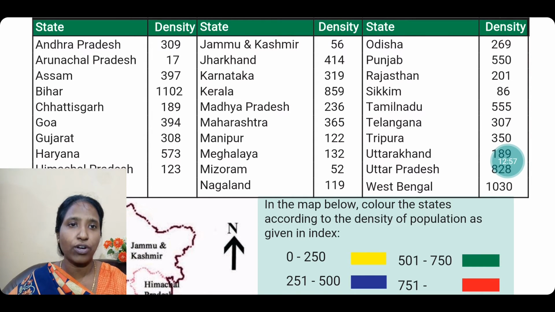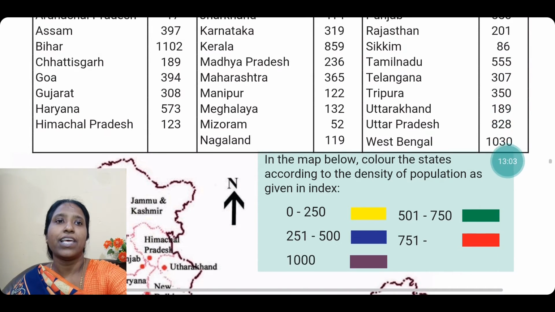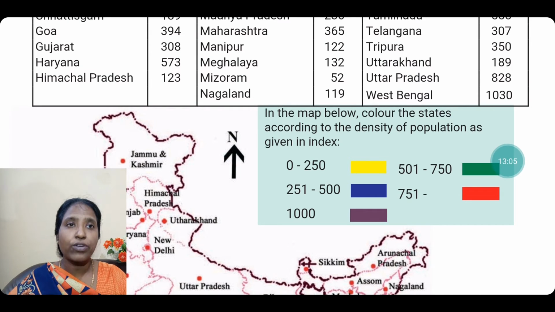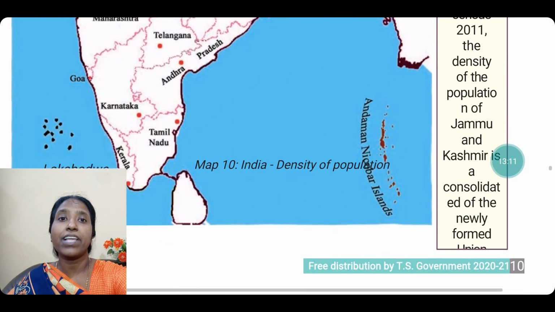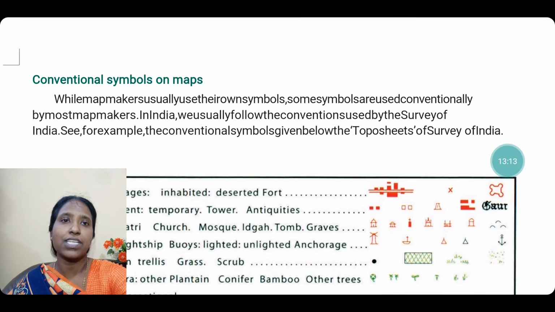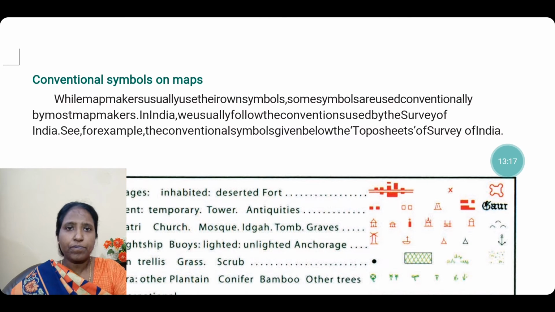Now, you have to find out where the density is from 0 to 250. In those states you have to color yellow, and then where it is 251 to 500 you need to read the data, and according to that you have to color the map. With that we will get to know which is the most densely populated area and which is the scarcely populated area, right?